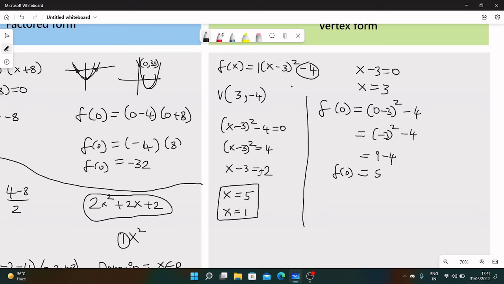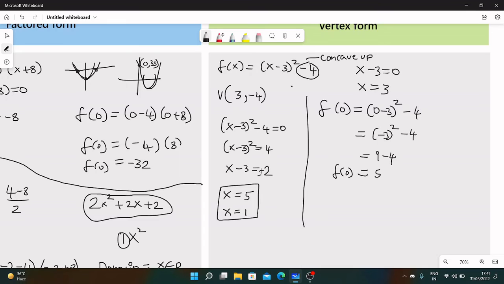So we need to look at this value, if it is positive or negative. If it's positive, concave up. If it's negative, concave down. And we know one is positive, so concave up. That is done.